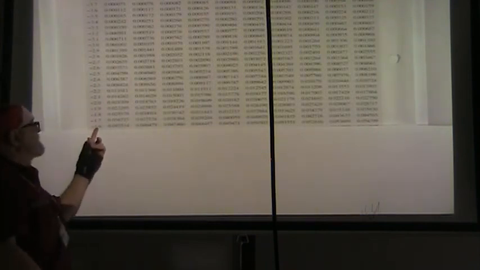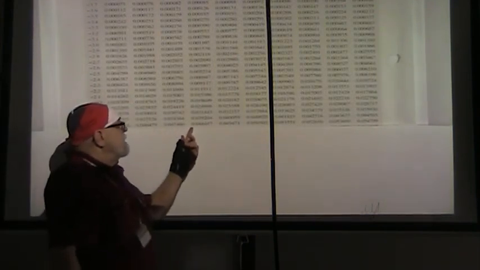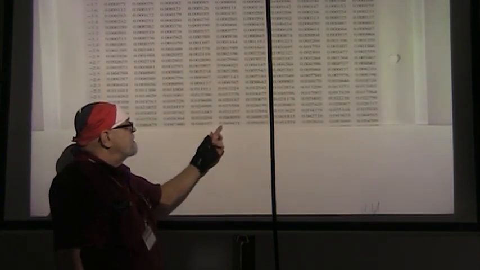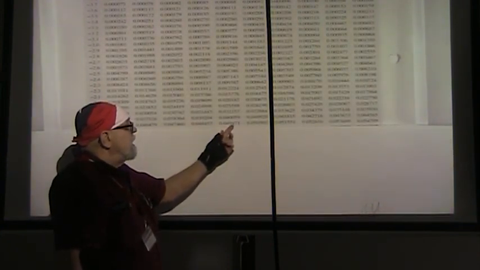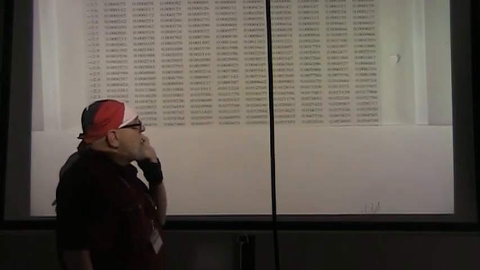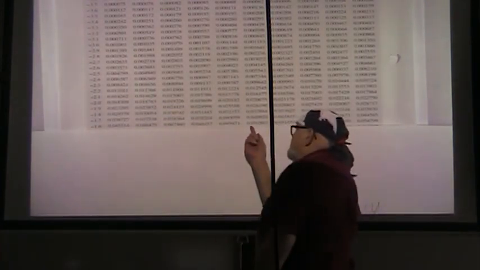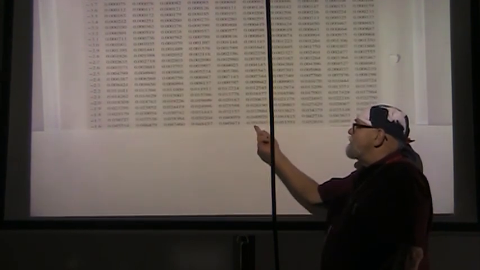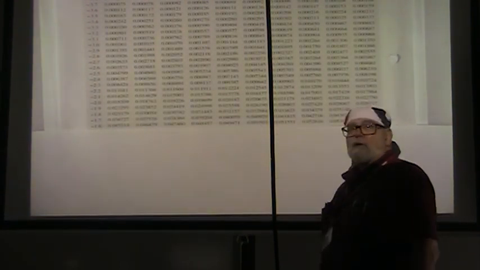And that is right here at the negative 1.6 row, right? We could see along here 0.048, that's getting close. 0.049471, that's really close. And 0.050503. Oh, wait, 0.050503. Okay, right.